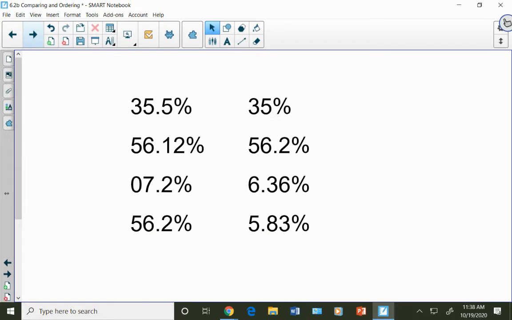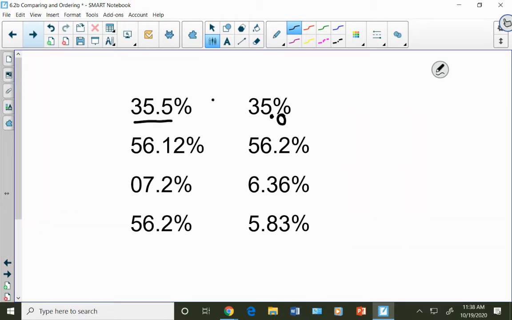All right, percentages, same thing. Just fill in missing numbers with zeros. Okay, so we got 35.0. Make it the same length as this one. 35.5 is bigger than 35.0. All right, same thing here.